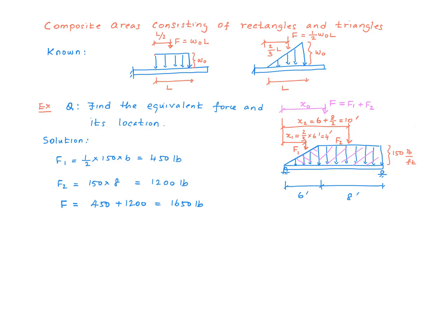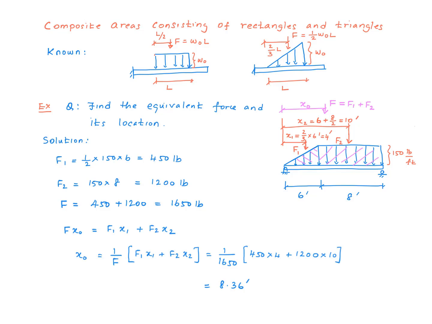And our resultant force is 1650 pounds. And here are the calculations for the location x naught. So you take moment of the resultant force from the left hand, so it will be F times x naught, and that should be equal to F1 multiplied by x1 plus F2 multiplied by x2. So x naught works out to be this, and you substitute numbers, and I come up with 8.36 feet for that.